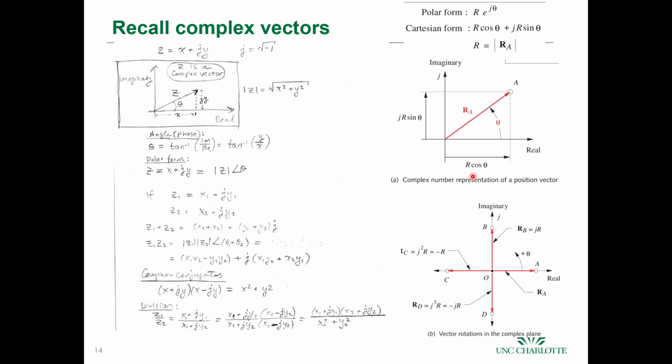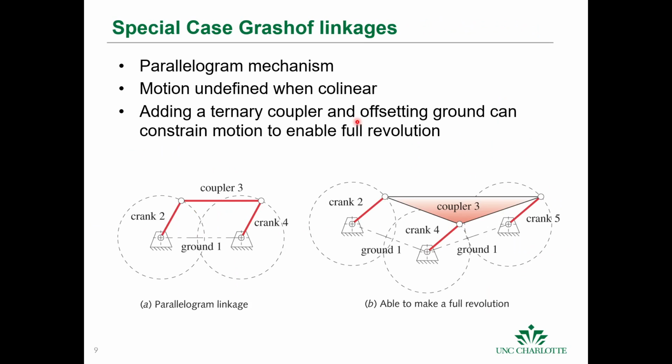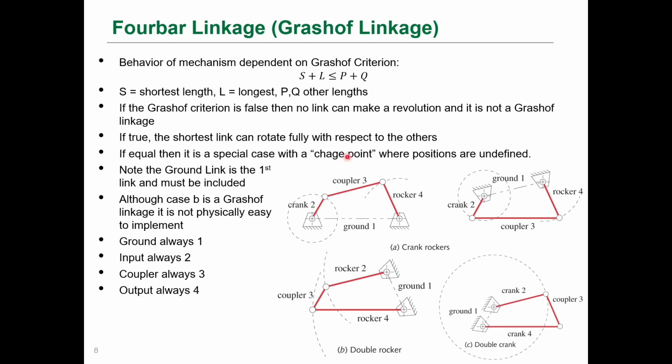So in the book, he introduces a way of analyzing the position, acceleration, and velocity. We're not going to go into that, but should you need to come back to it, you can represent these links for the four bars in terms of polar coordinates. So you can represent this as a complex vector, another complex vector, another complex vector, and another complex vector, and if you sum these vectors, they sum to 0.